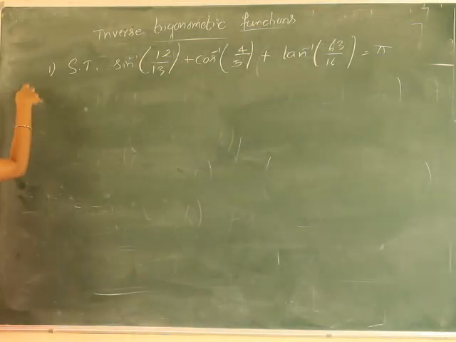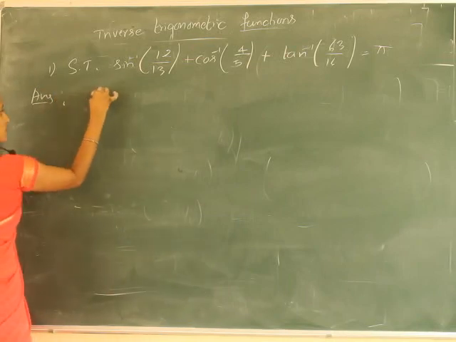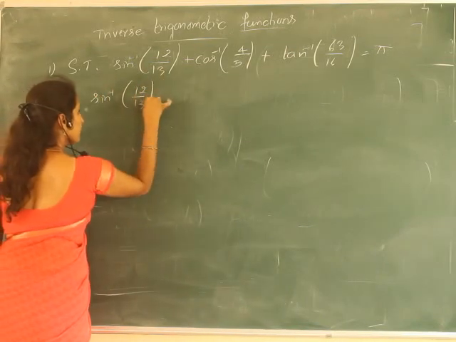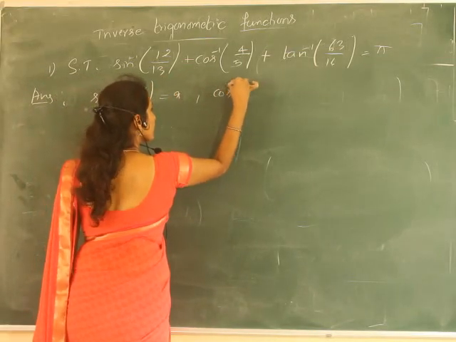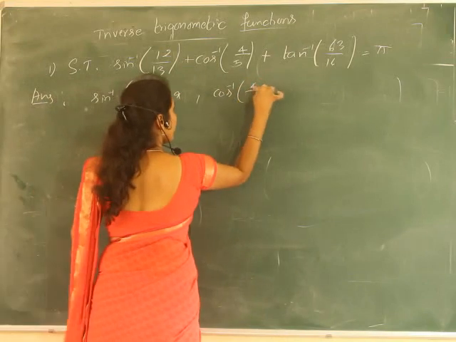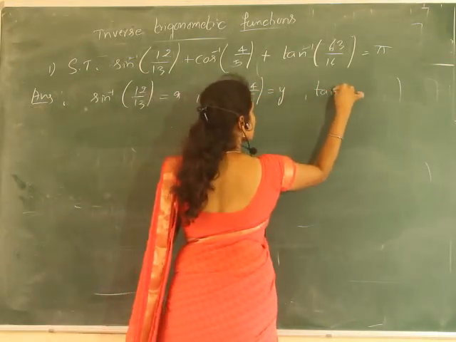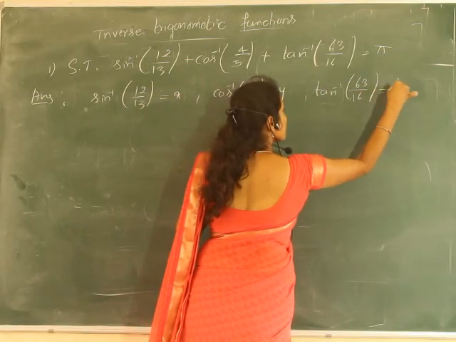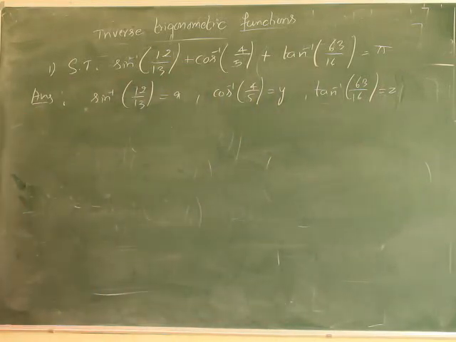To show this, take sine inverse of 12 by 13 as x, cos inverse of 4 by 5 as y, and tan inverse of 63 by 16 as z. So I'll take those values as x, y and z.